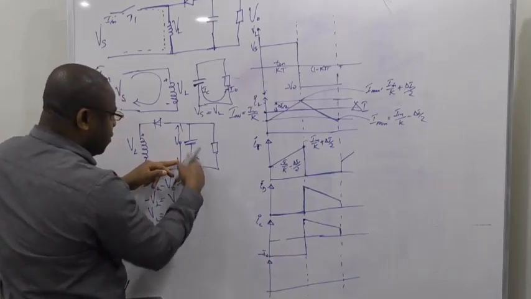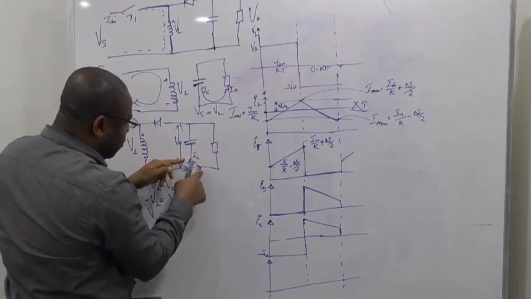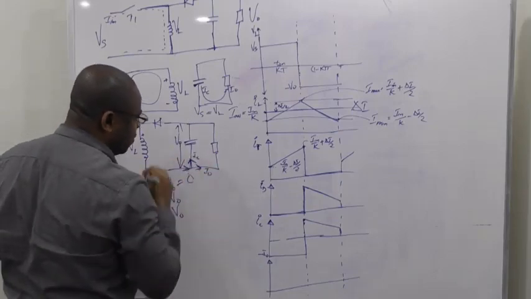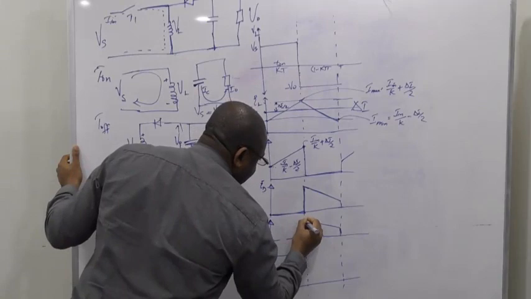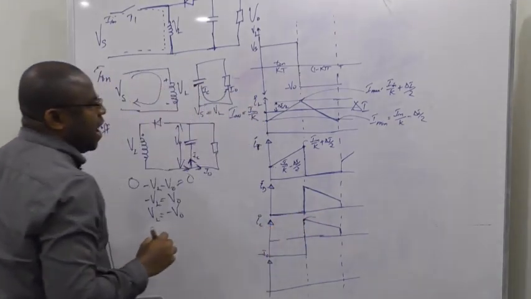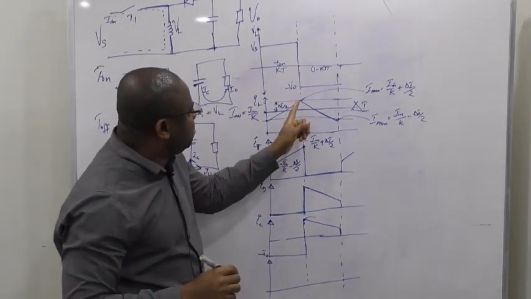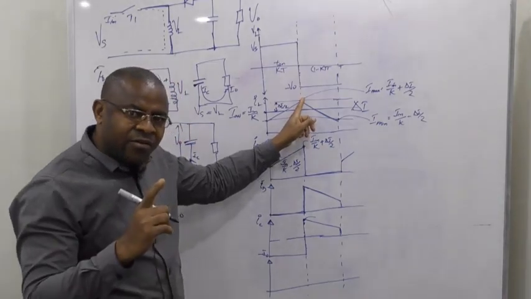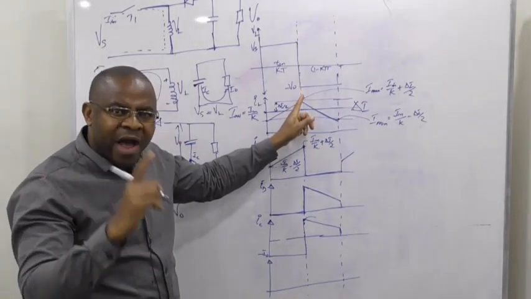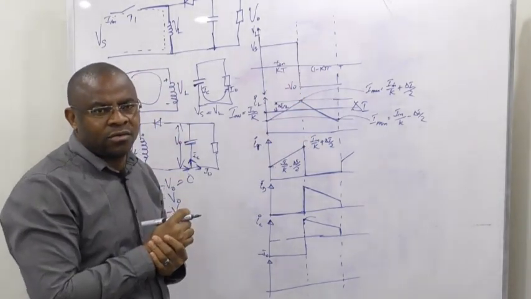If I want to get the current going through here, I need to remove IO. So this peak value will be the same as the peak value I have there, but minus IO.